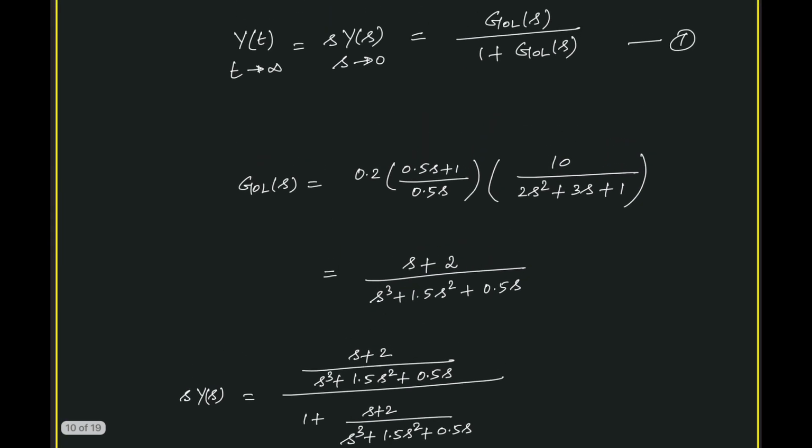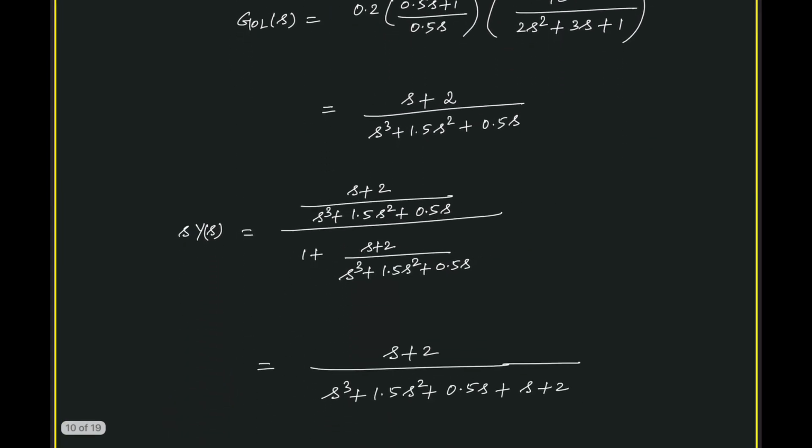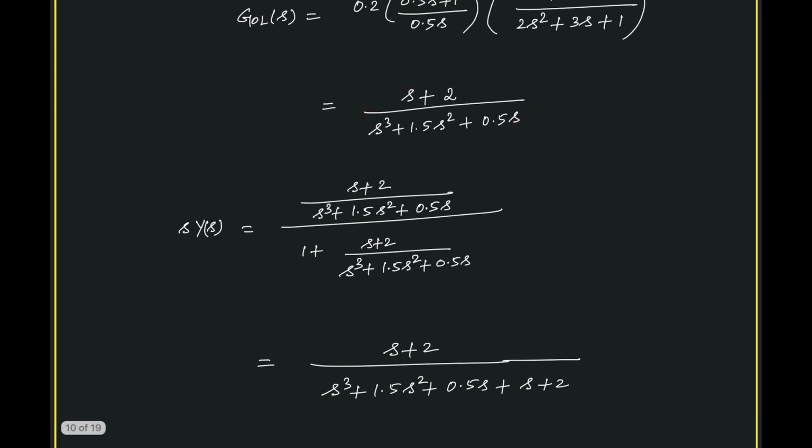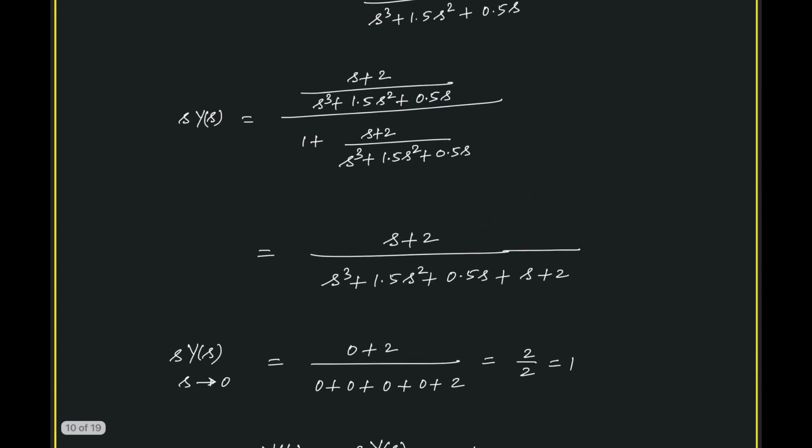So what is Y(s), which is nothing but GOL by 1 plus GOL. Open loop transfer function divided by 1 plus open loop transfer function, upon reduction, is s plus 2 by s cube plus 1.5 s square plus 0.5 s plus another s plus 2. So you can group them.